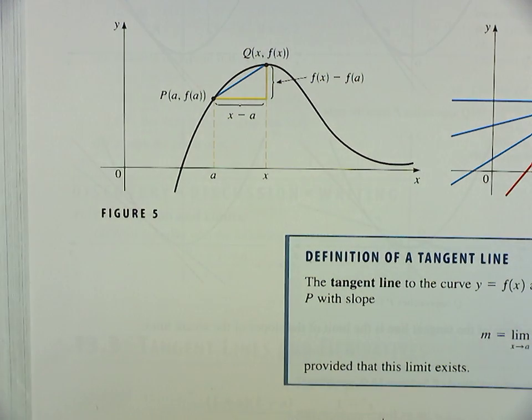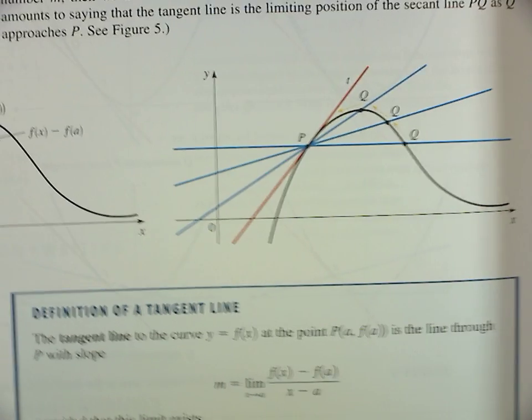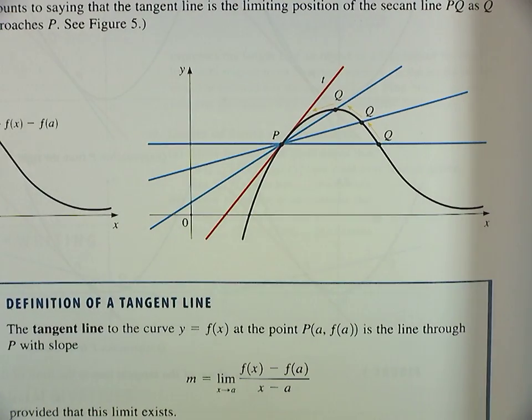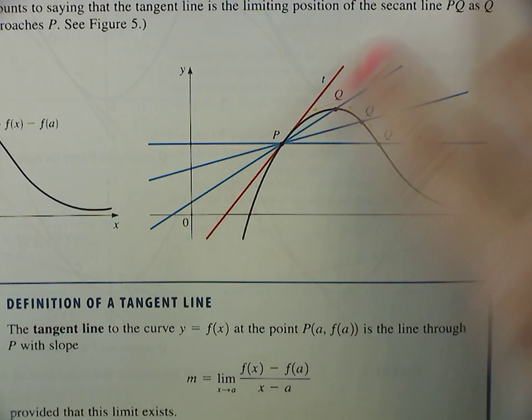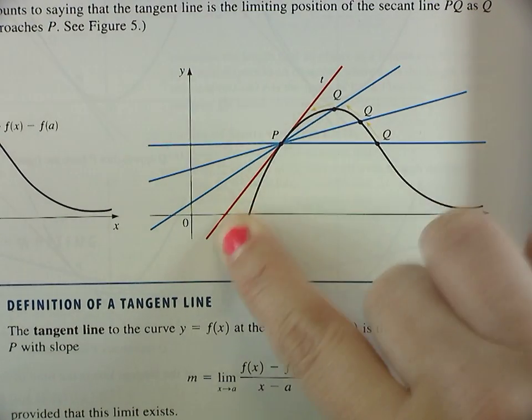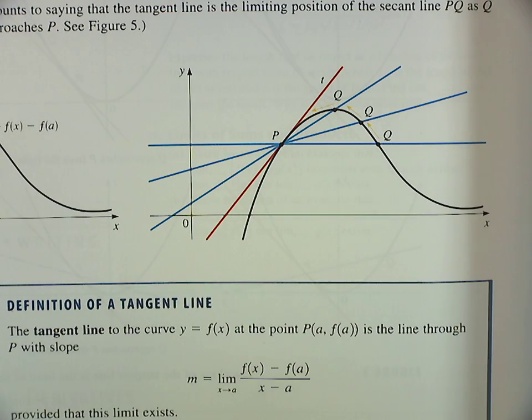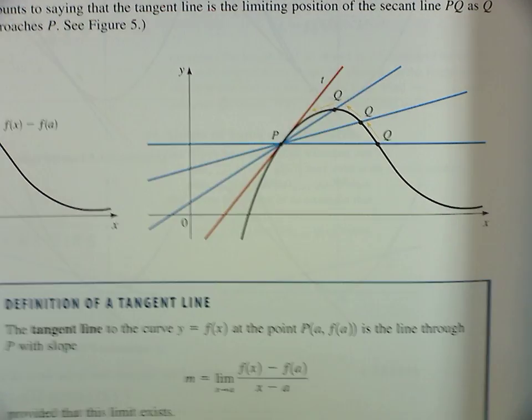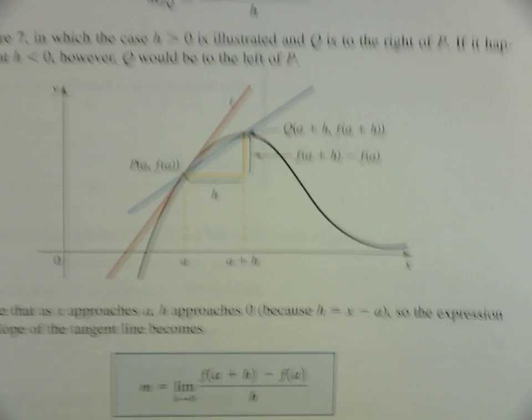Okay, so we're going to have this picture, and then we're going to have this definition of your tangent line. Now, if you look at the picture next to it, you can see that if it's tangent to a curve at a certain point, this is going to be the equation of the line that we are finding.